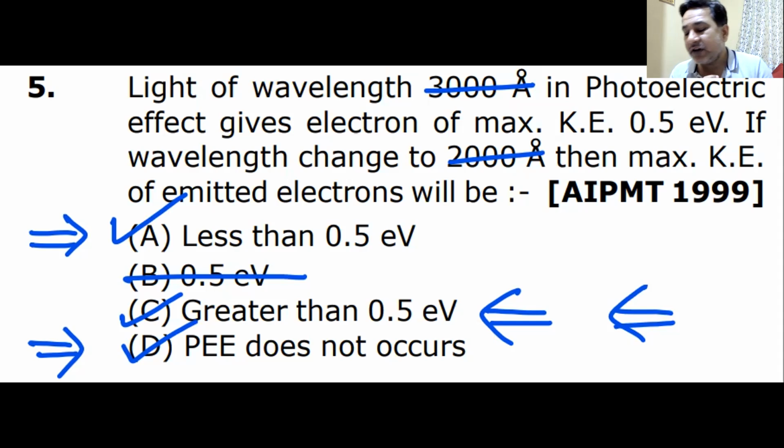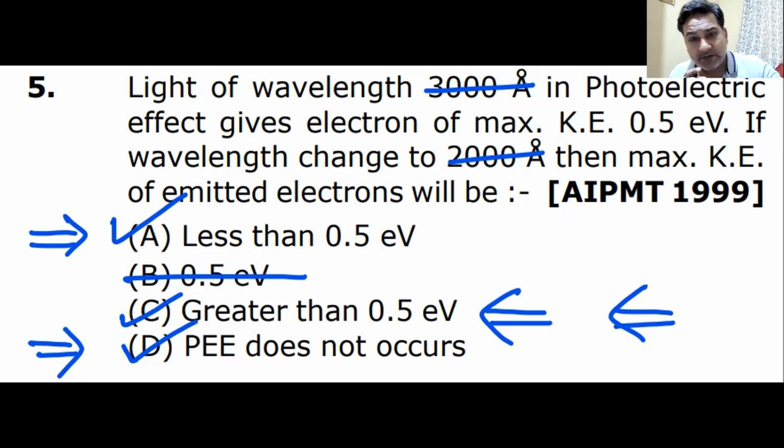The only problem will come when the question is on wavelength and the wavelength increases, because now there are two options which are possible. What are those two options? Option A, less, or option D, photoelectric effect does not happen. In that case, I will have to find out the value of the threshold wavelength.